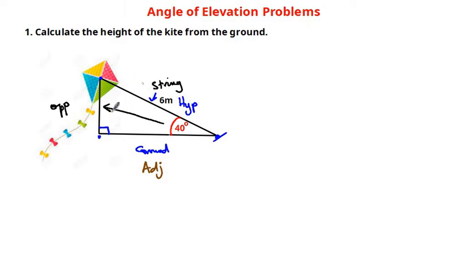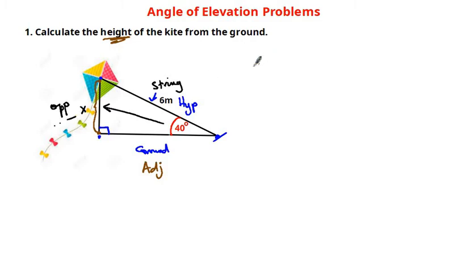Now, to find the height of the kite from the ground, which would be this point right here, they are asking you to find this height, which is in this case the opposite side.